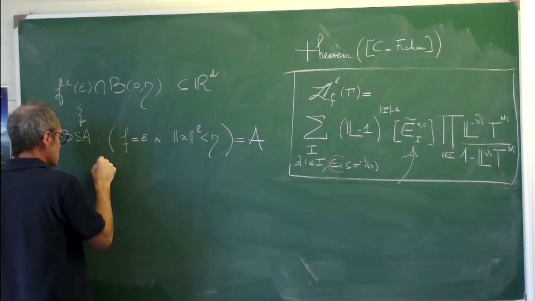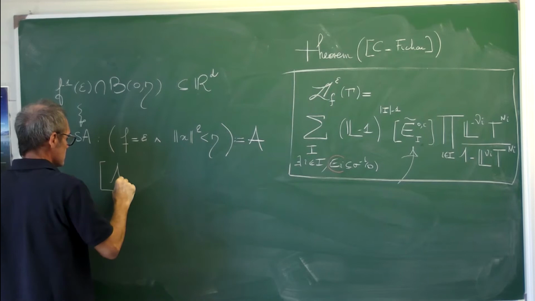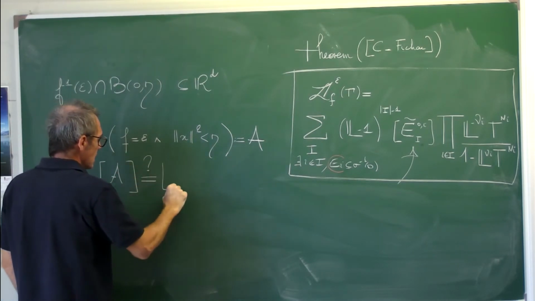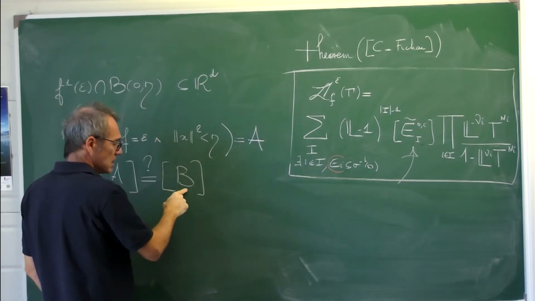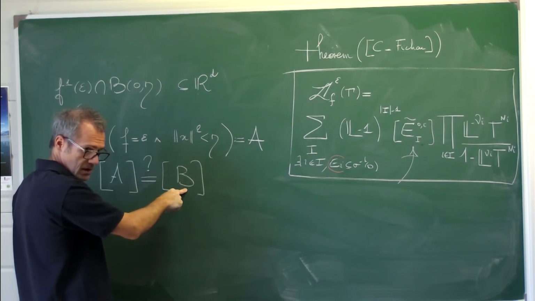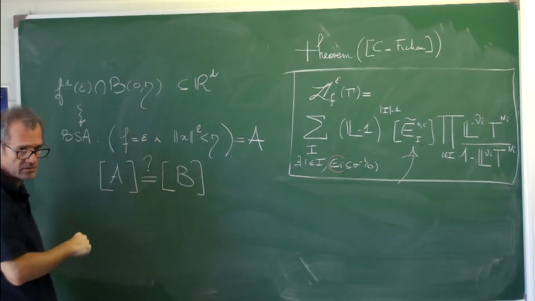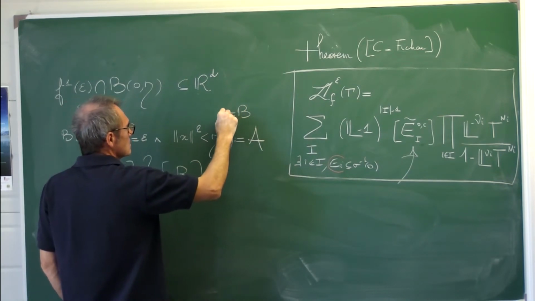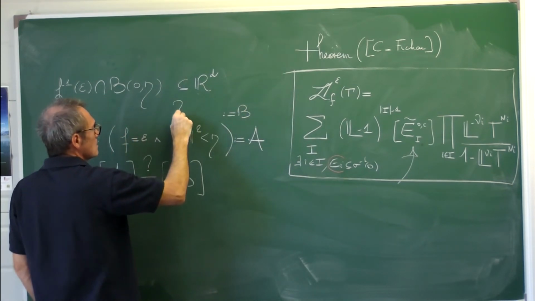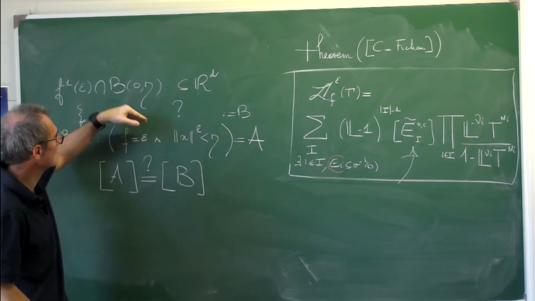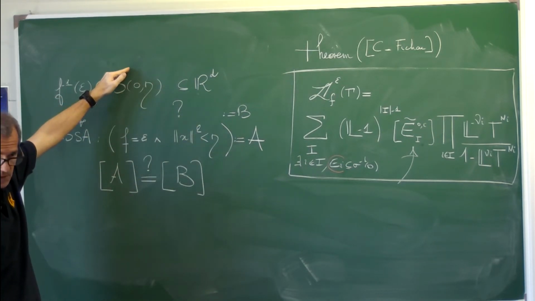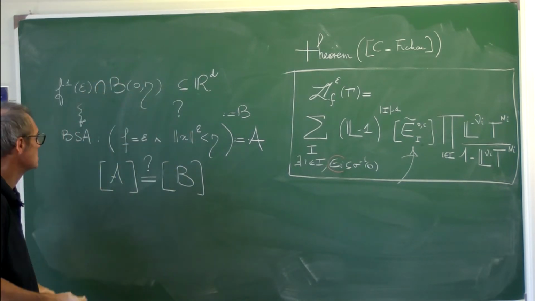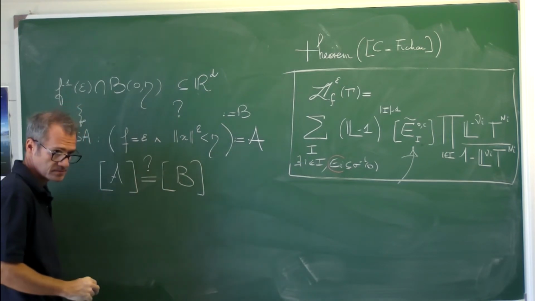And is it true that in our ring, this formula is the same as any other basic semi-algebraic formula with the same set of points? There are plenty of possibilities. Is it true that we have this?